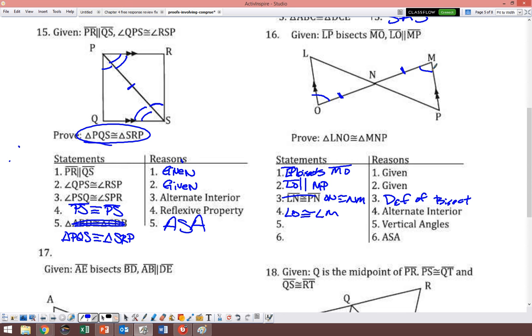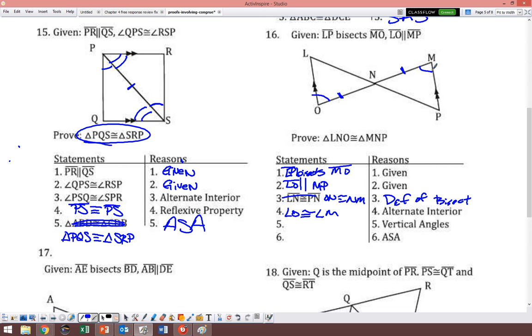Okay, so now next one it says vertical angles. So which ones are my vertical angles? L, P, and O, M. No, vertical angles. Remember, it's an angle in this triangle and an angle in this triangle here. N, O, M. So it's at N, but it's between what two letters? L and O, right?